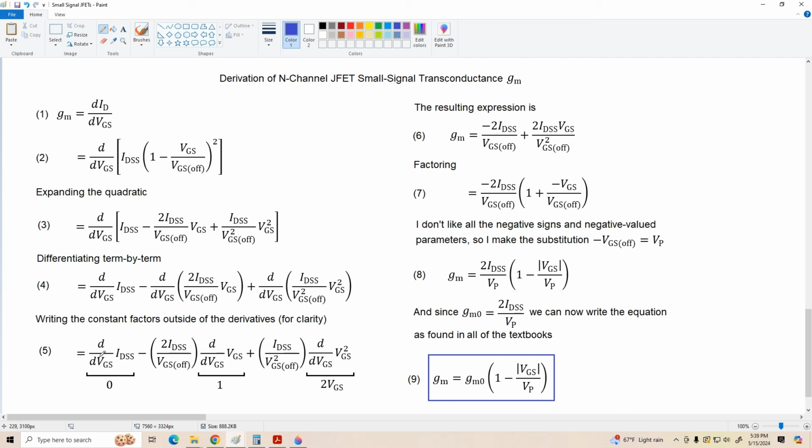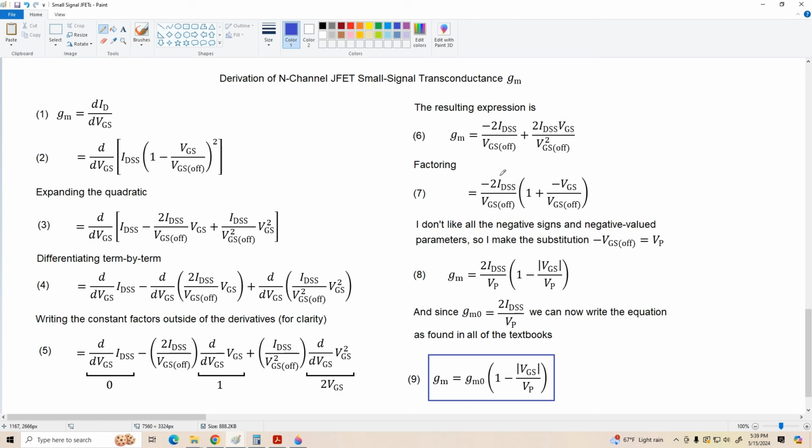So our derivatives for the first term are 0, the second term 1, and the last is 2 VGS, multiplied by the coefficients. So the resulting expression is shown here, and we can factor negative 2 IDSS over VGS off out of both of these terms, and that leaves us with expression number 7.